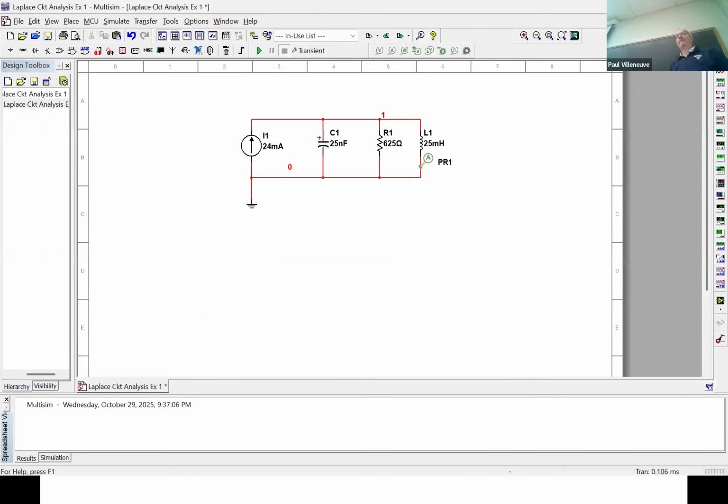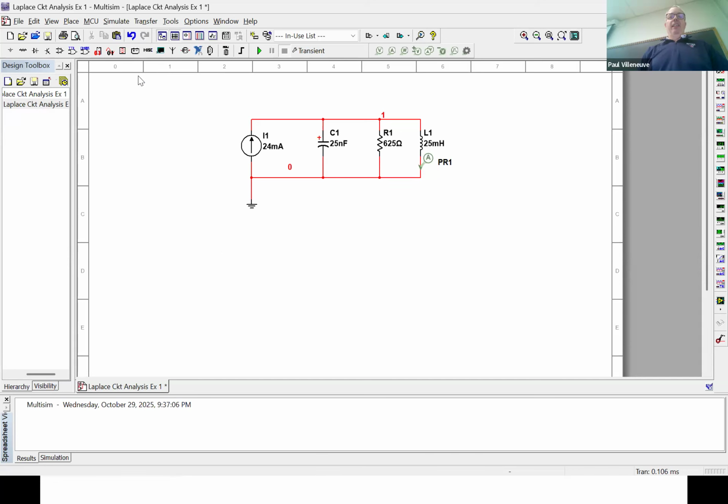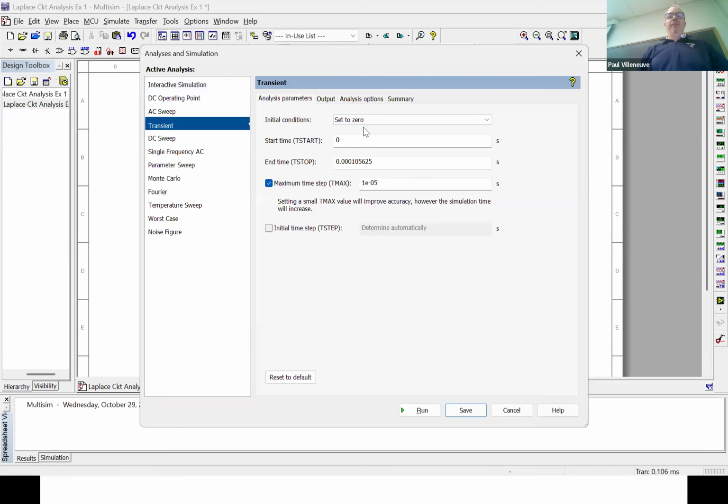This is Multisim, right? You've been using this in lab. Is this the same exact circuit that we've been studying up to this point in class, or this problem? Looks the same, right? And hopefully what you've been doing in lab is transient analysis. I set my initial conditions to 0, just like the problem spells out: the voltage and the current are both equal to 0.